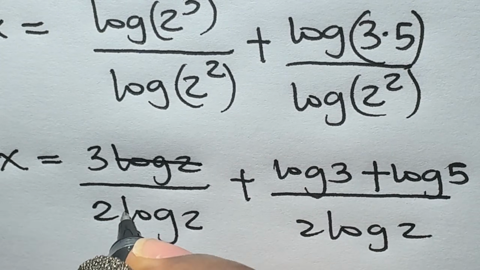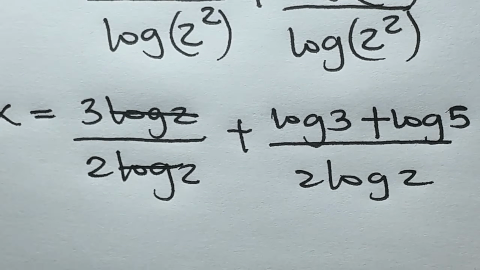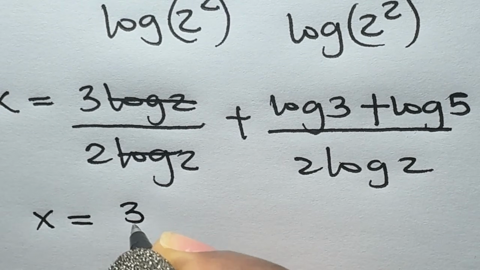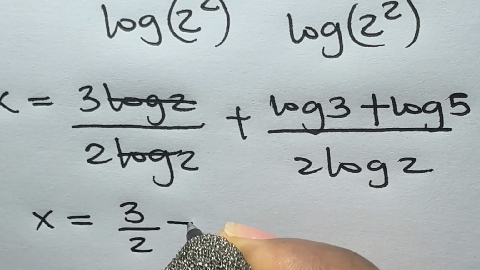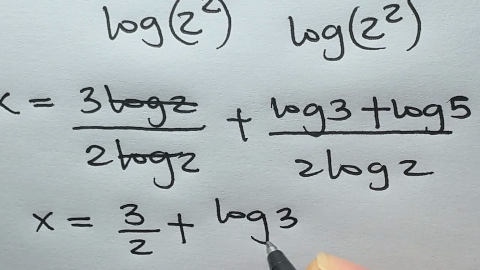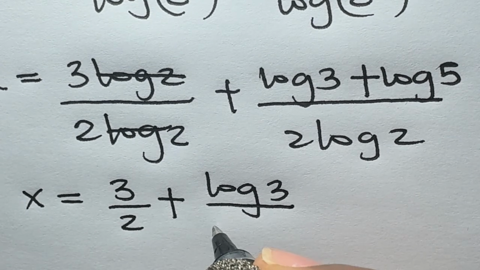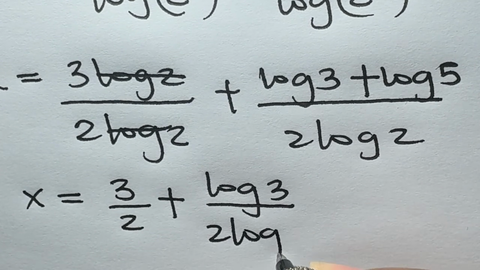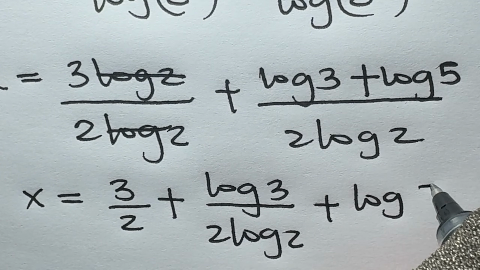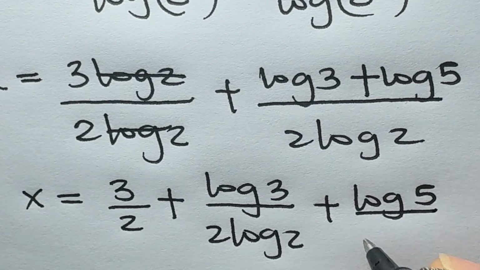Log 2 cancels log 2 here, so our x is now 3 over 2 plus, I'll separate this into log 3 divided by 2 log 2, then plus log 5 divided by 2 log 2.